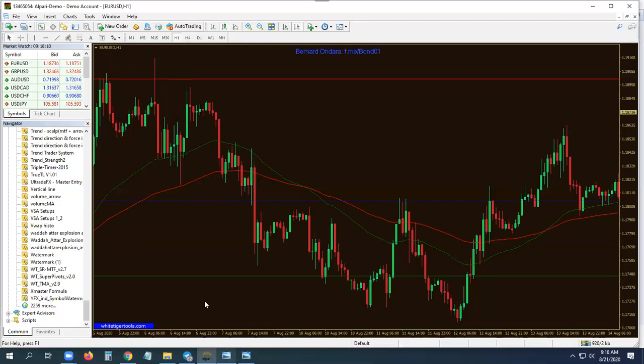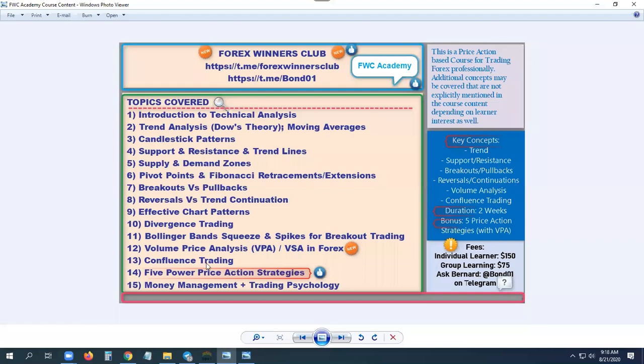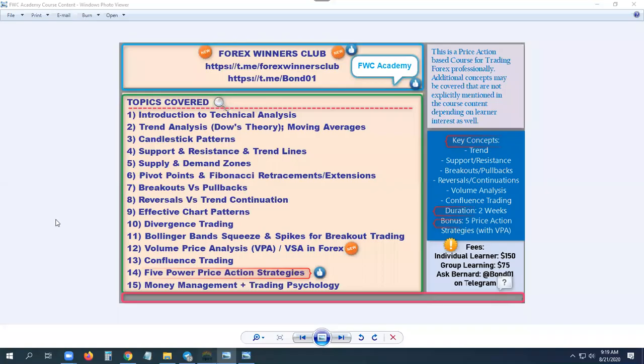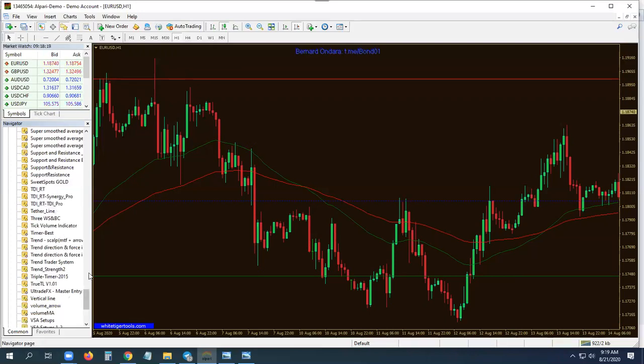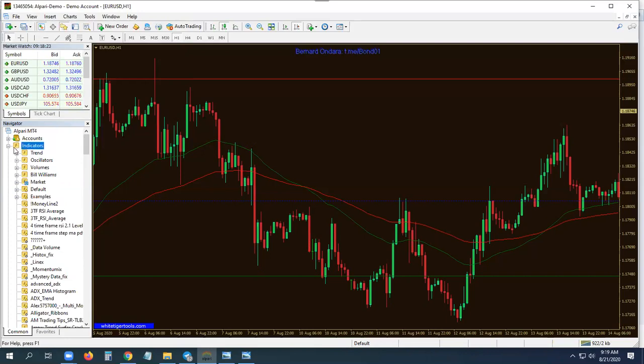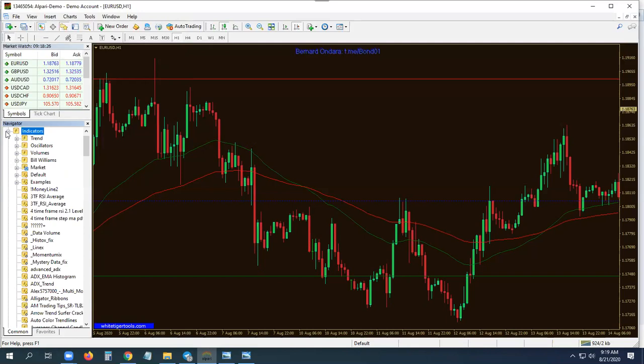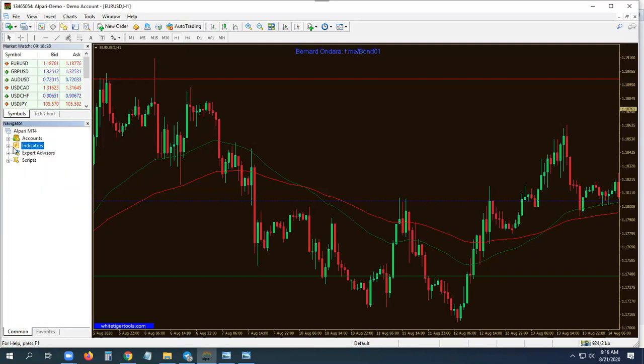So that is what you are calling Confluence trading. There's nothing magical about this. And as a matter of fact, I can add another filter. I can add a Bollinger Band to show you that maybe this is also rejecting the upper Bollinger Band. You will be surprised. You can add too many things. You don't have to add all of those, but they can give you more confidence when you're trading.